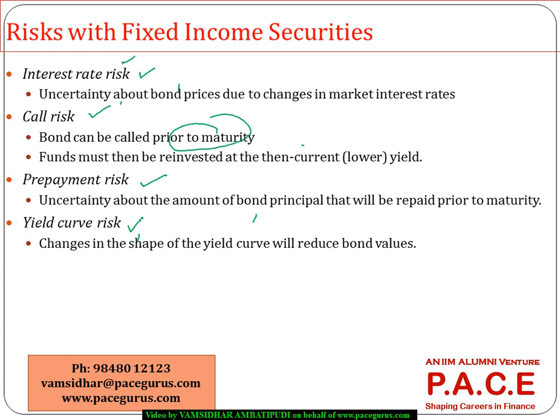If the RBI has increased the interest rate by 25 basis points and for all maturities the rates increase by 25 basis points, we say there is no yield curve risk because there is a parallel shift in the yield curve. But if the banks react differently and change the interest rates differently for different maturities, that is what we call a non-parallel shift.